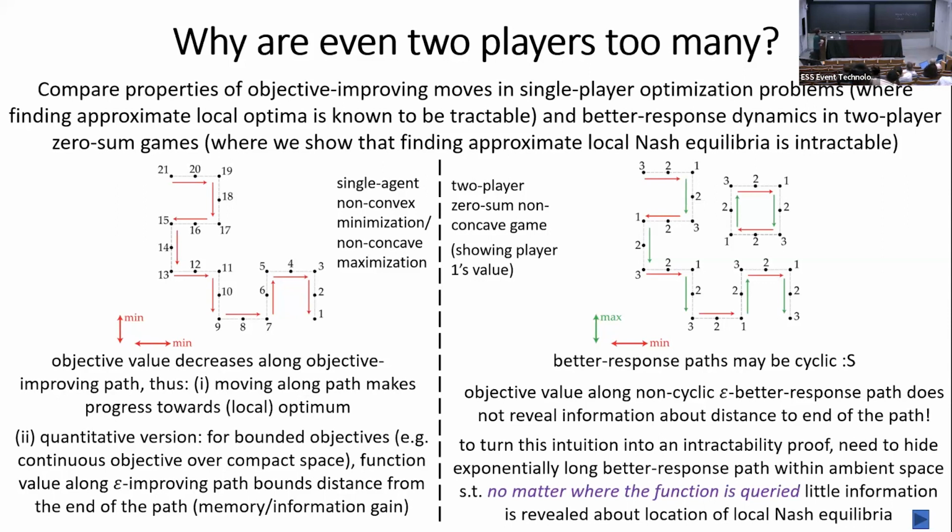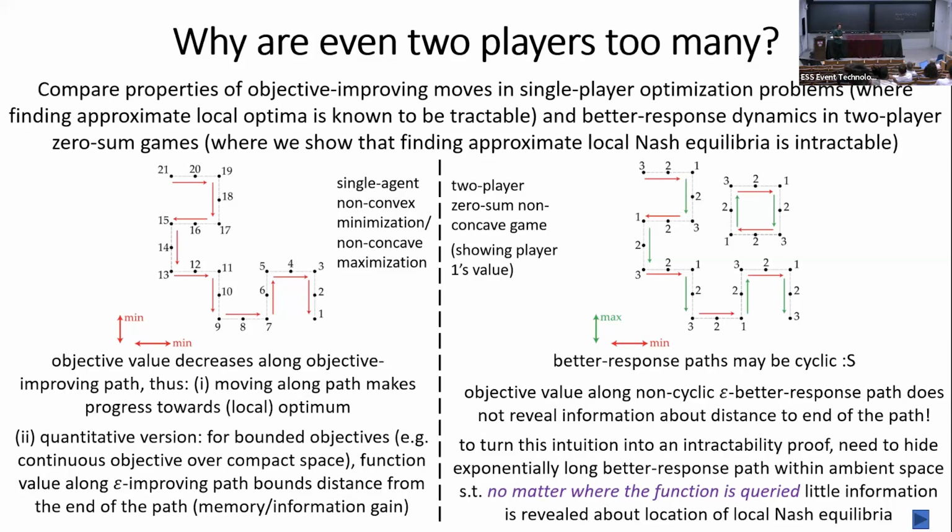Now, to turn this intuition into an actual proof, what you want to do is take an example like that and identify a function f whose best response dynamics are an exponentially long, space-filling curve that hides as much information as it can from the algorithm, no matter where the algorithm queries, right?